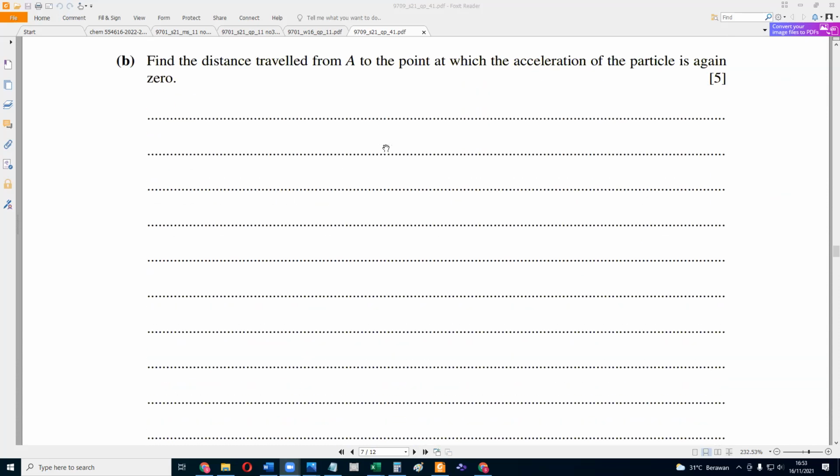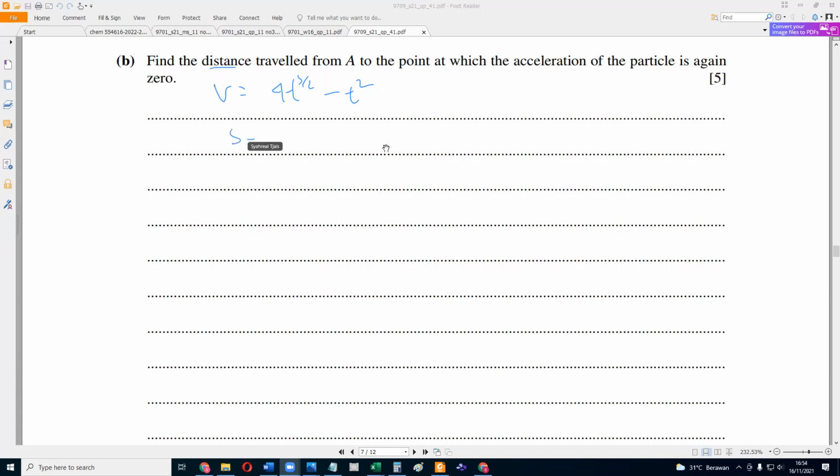Find the distance traveled from A to the point at which the acceleration of the particle is again 0. Okay. So here, we need to find the equation for distance. The velocity is 4t^(3/2) minus t squared. They're asking the distance.